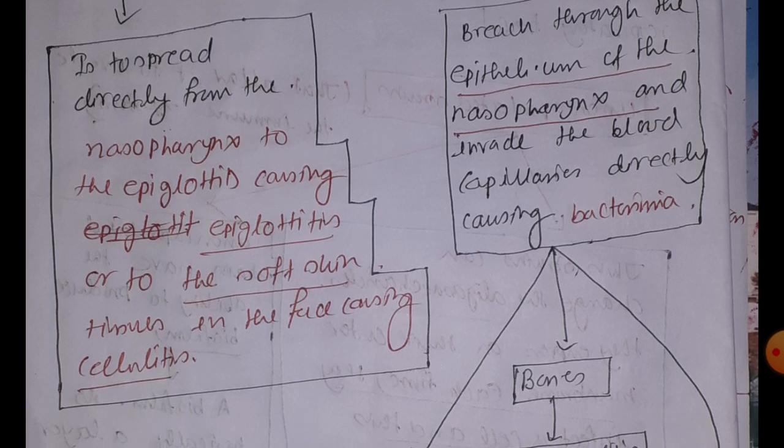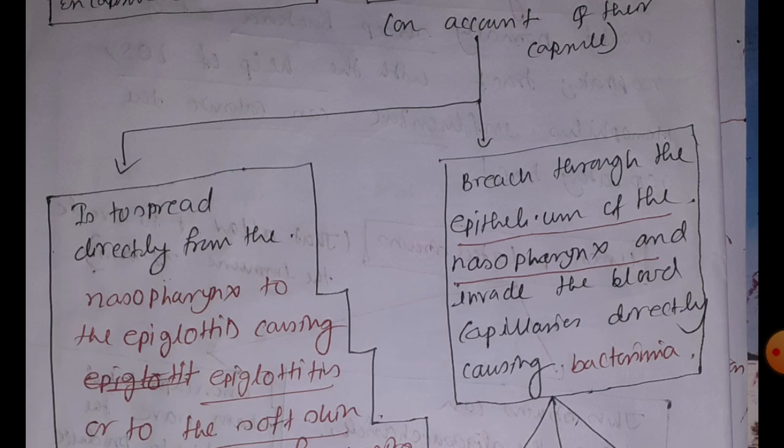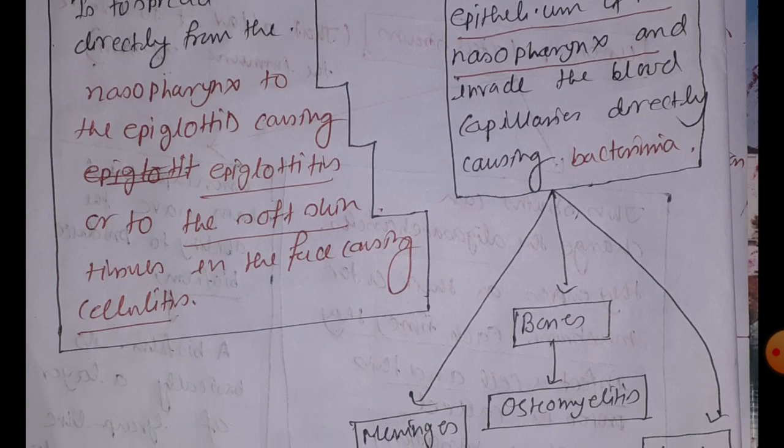They also have the ability to breach the epithelial cells of the nasopharynx, invade the blood capillaries and enter the blood, where they cause bacteremia.